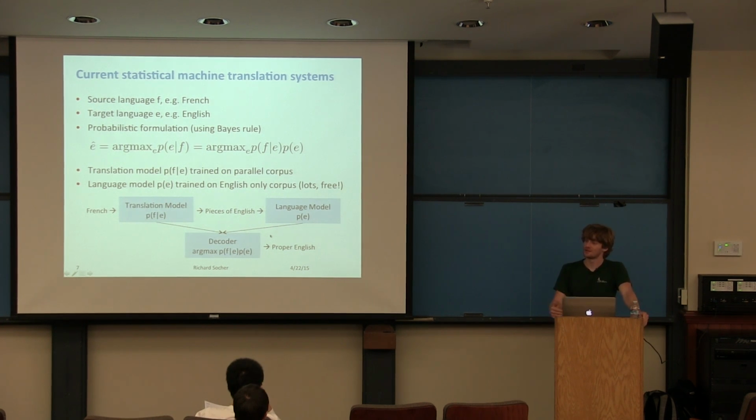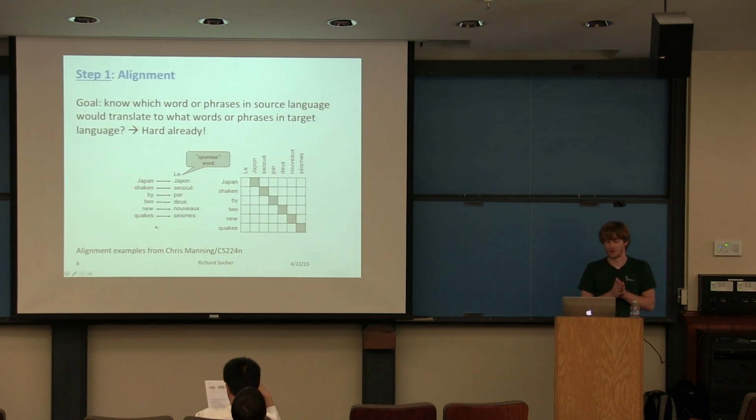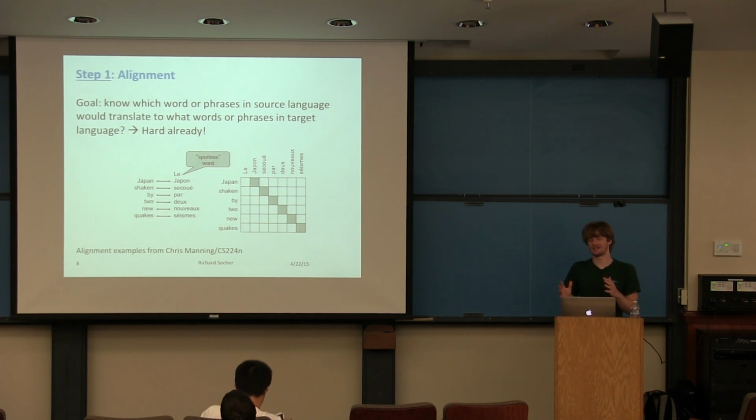So let's look into the very first step of the translation model, which is alignment. The goal here is to know which word or phrase in the source language would translate to some word or phrase in the target language. And the main message here is that this very first step is already very hard.